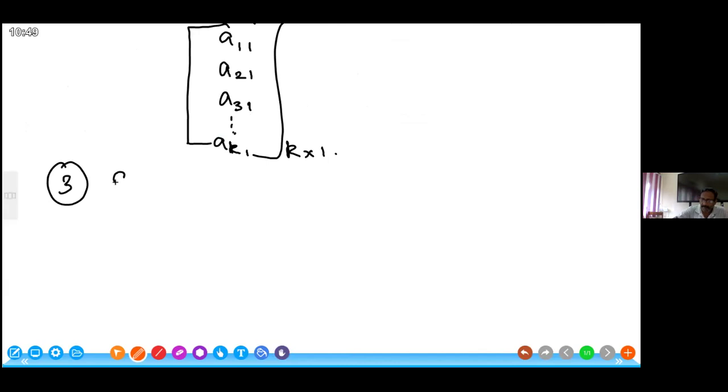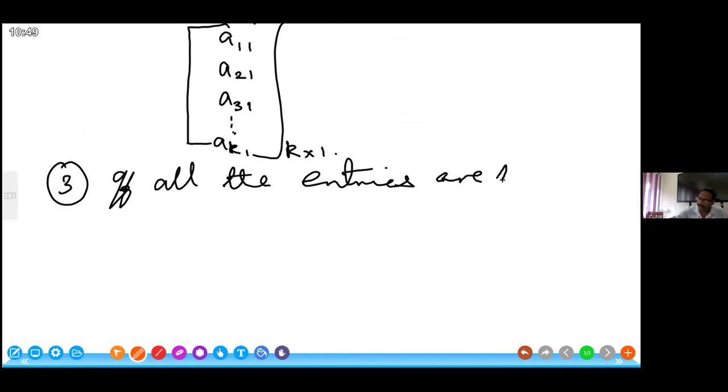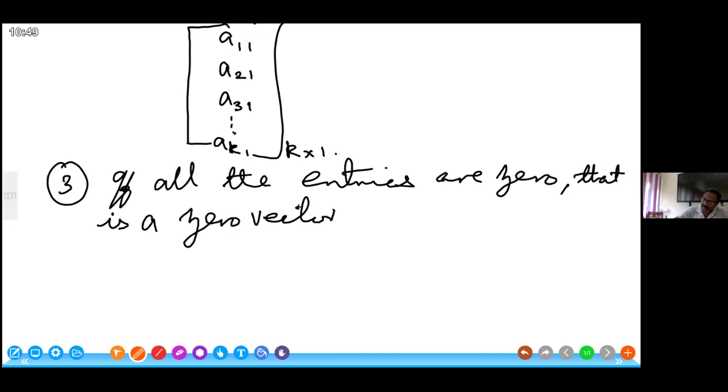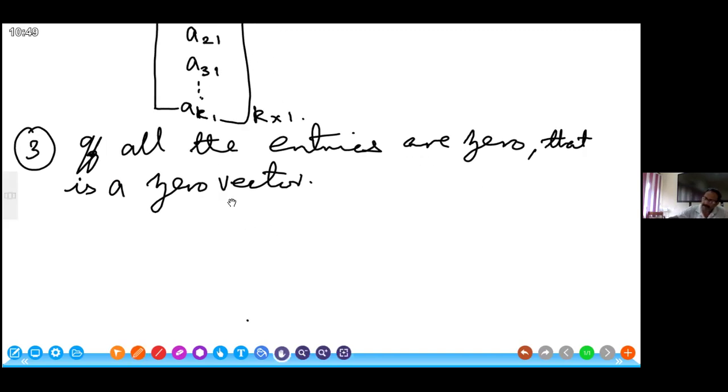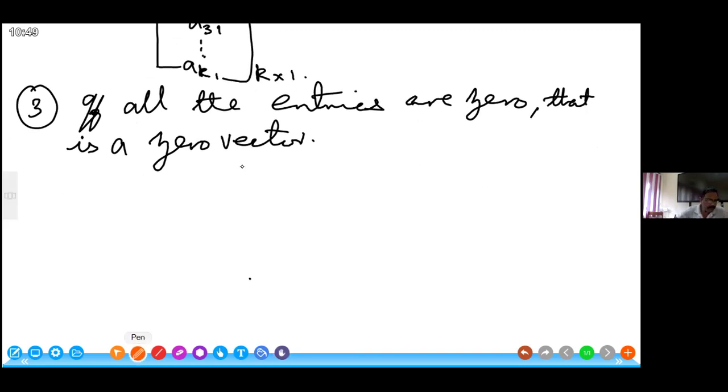If all the elements or entries are 0, that is a 0 vector.